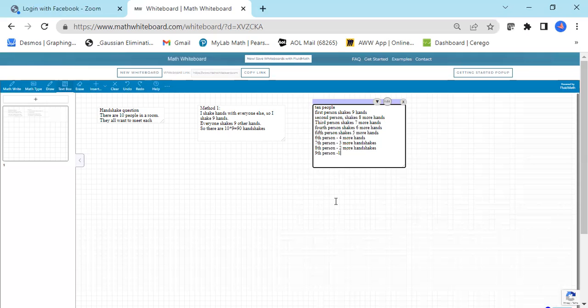1. Oh, they only have the 10th person to shake with. 1 more handshake. And the 10th person, everybody has already shaken hands with them. So there are 0.